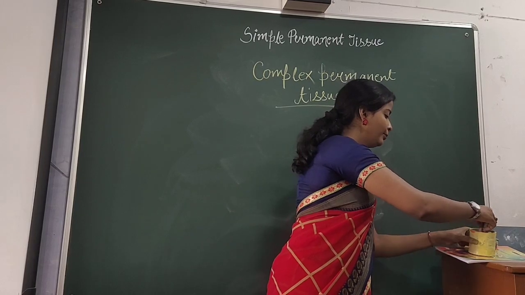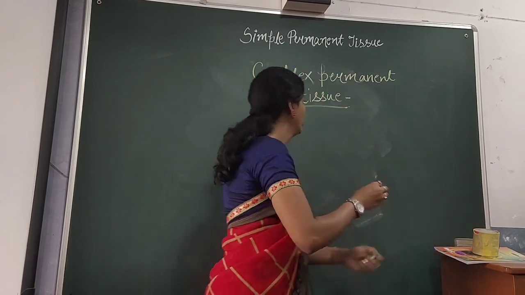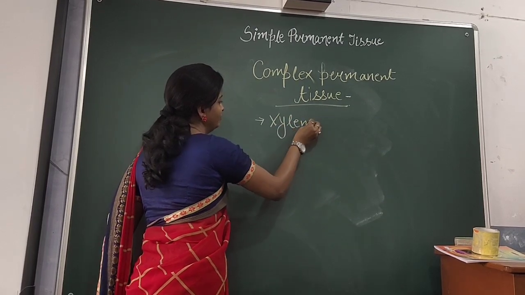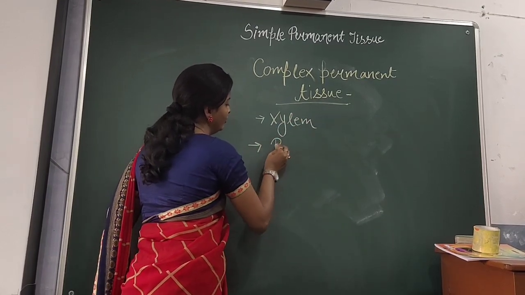So, the complex permanent tissues are of two types. First one is xylem and the second one is phloem.